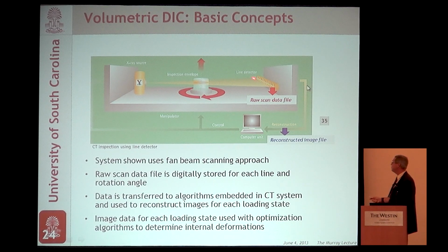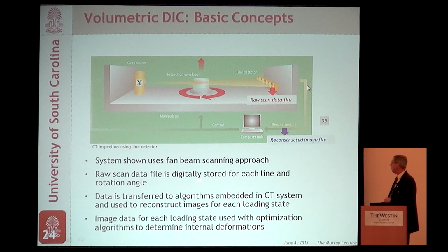So in essence, you reconstruct through a series of rotations and images at different angles of the specimen relative to the X-ray source, and moving this up and down, you reconstruct the entire volume in terms of an intensity difference or density difference across the field.